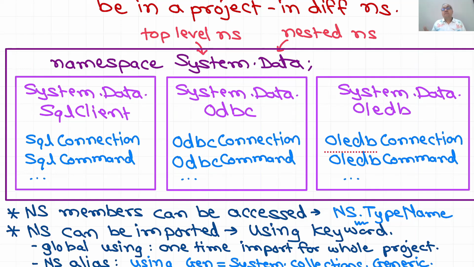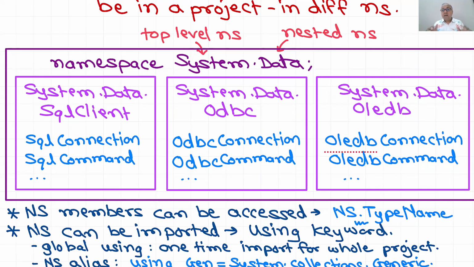Apart from that, we also have System.Data.OleDb. This is for connecting with all other RDBMSs. And of course, as we learn database connectivity, something referred to as the ADO.NET topic, at that time, we will discuss these namespaces in more detail.